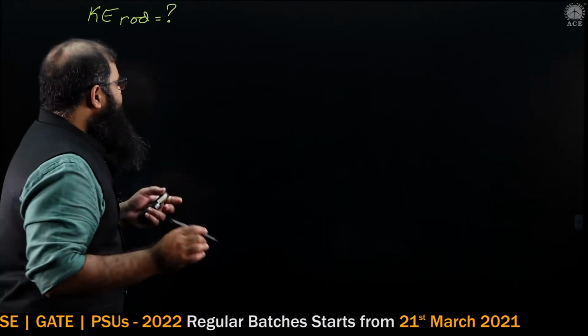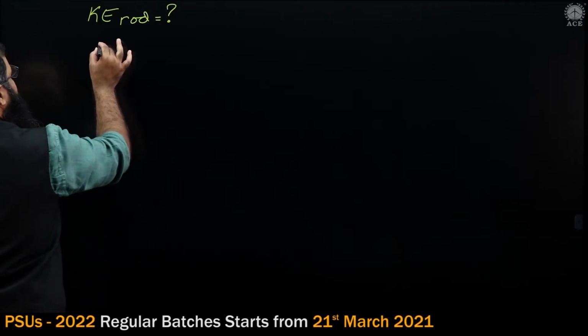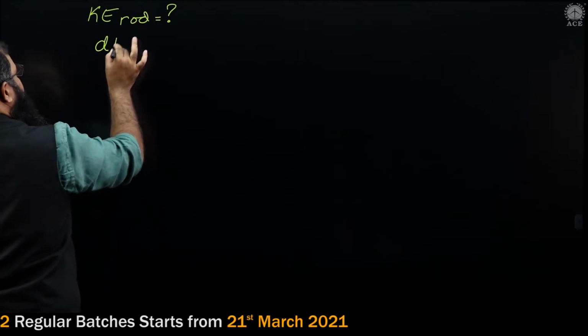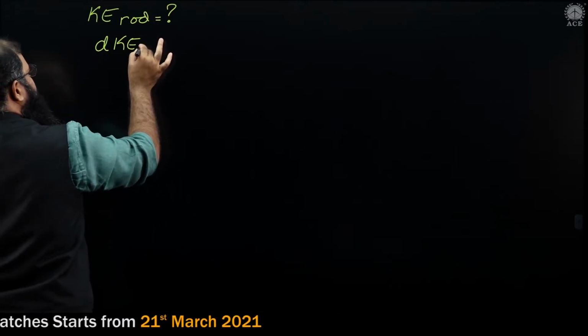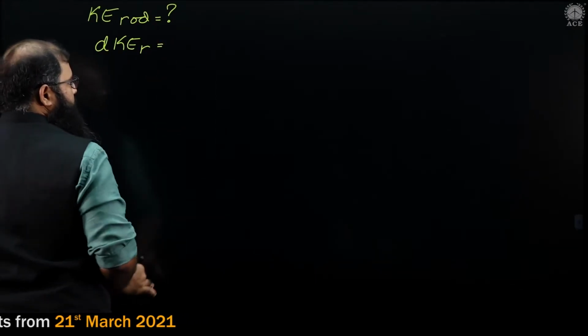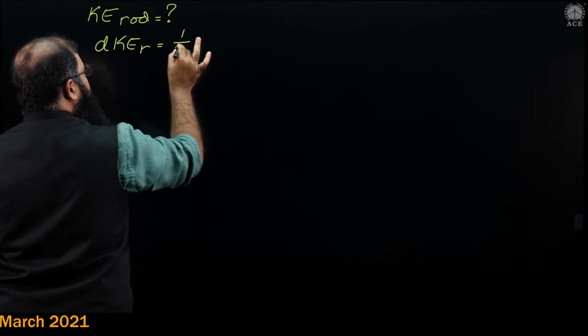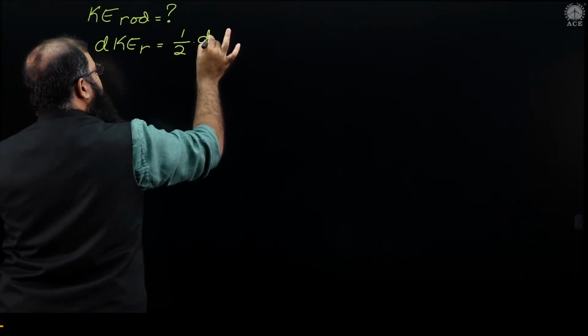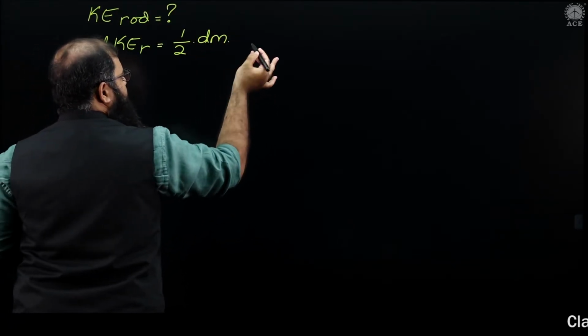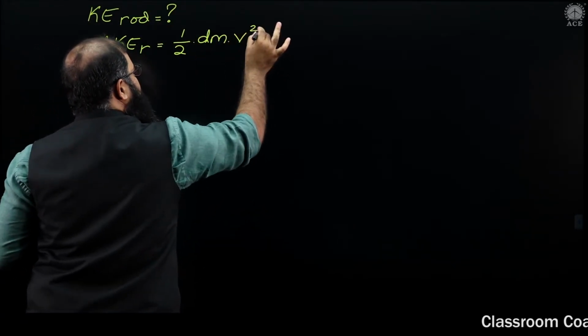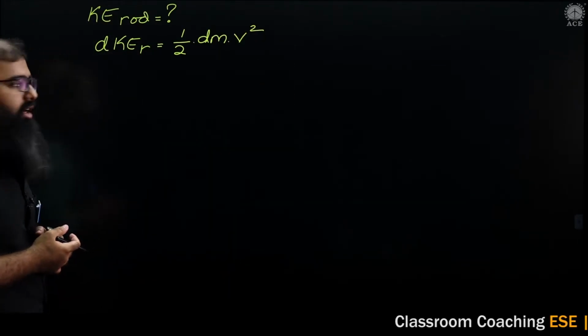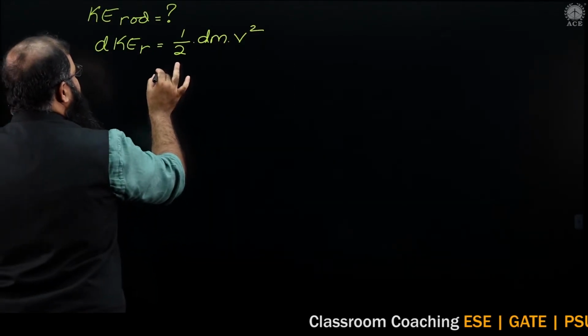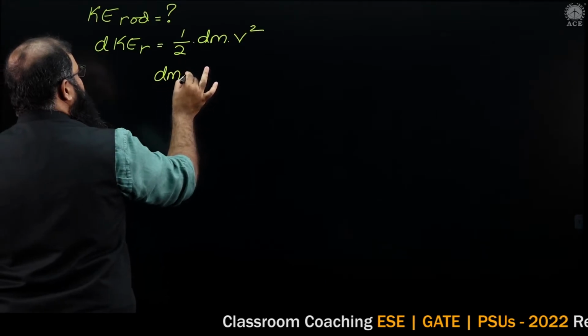Let us say the differential kinetic energy for the rod is equal to half into mass, let us say dm, into its velocity square. Now, what is the value of dm over here? Differential mass is equal to how much?